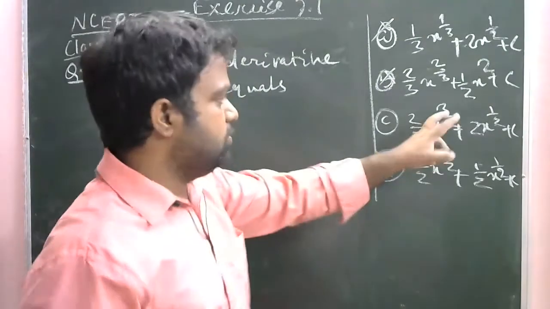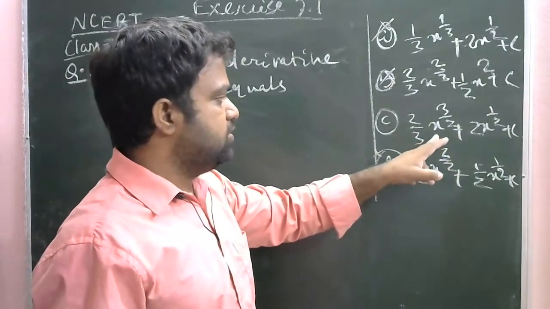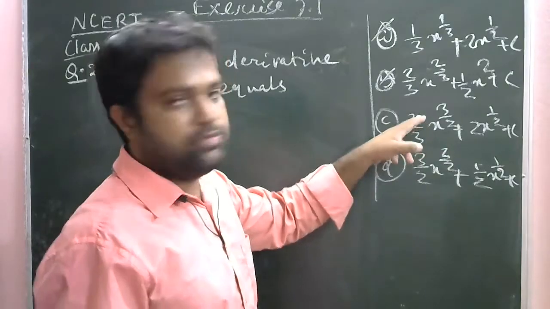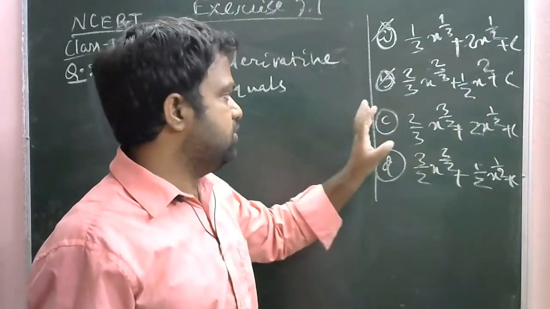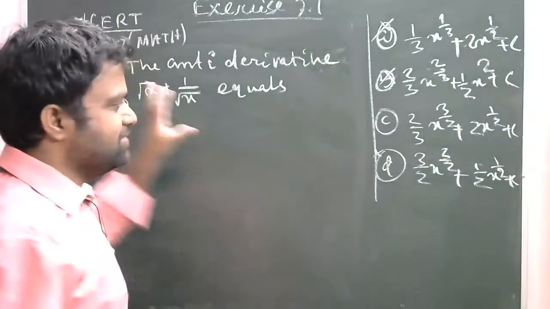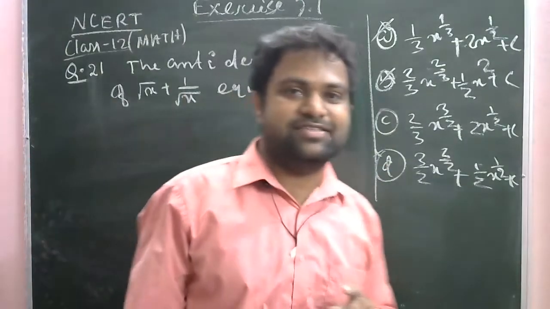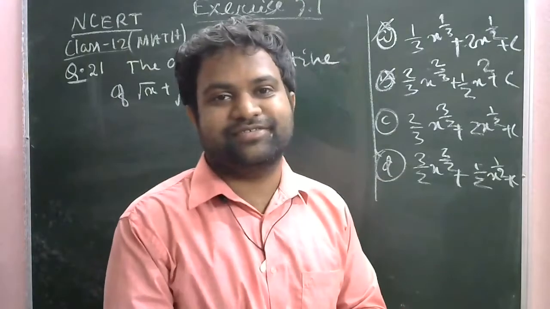Because 3 by 2 is in the denominator, if it comes to the numerator it will be 2 by 3. So 2 by 3 with 3 by 2 is possible, and half with 2 is possible. So without solving it, you can say that C is the answer. Can you say or not?